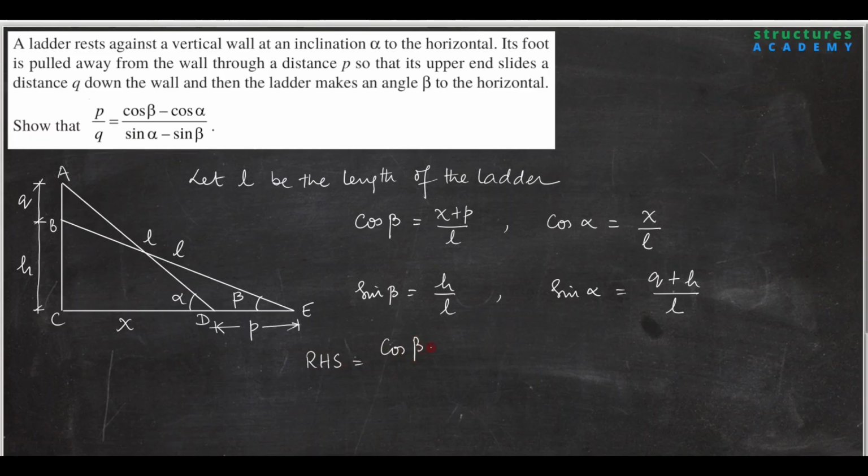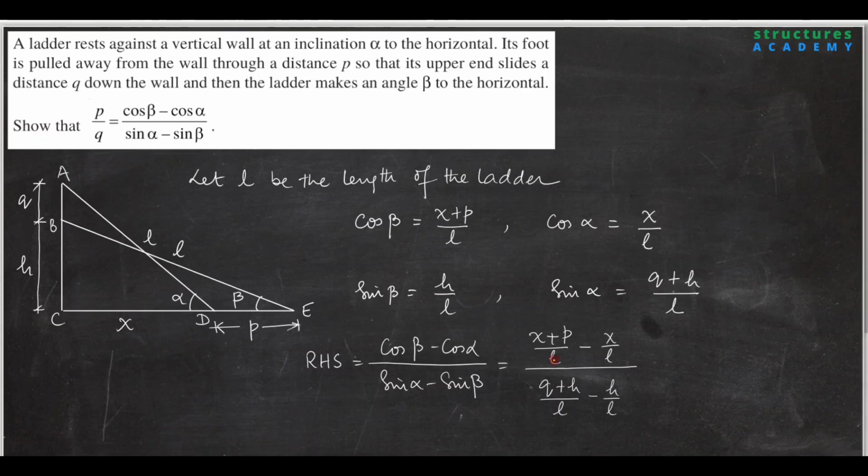Cos beta minus cos alpha divided by sin alpha minus sin beta. So cos beta is x plus p over L, cos alpha is x upon L, whole divided by sin alpha is q plus h upon L minus h upon L.